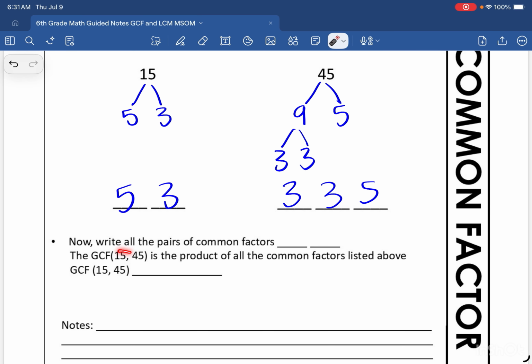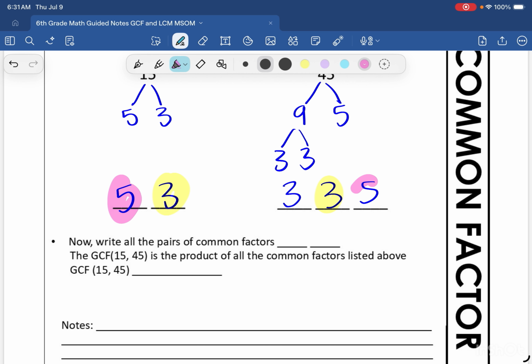Now write all the pairs of common factors. So we have a pair of 3s and we have a pair of 5s. The greatest common factor of 15 and 45 is the product of all the common factors listed above. So we're going to multiply those two numbers right there, and that's 15. And that is the greatest common factor of 15 and 45.